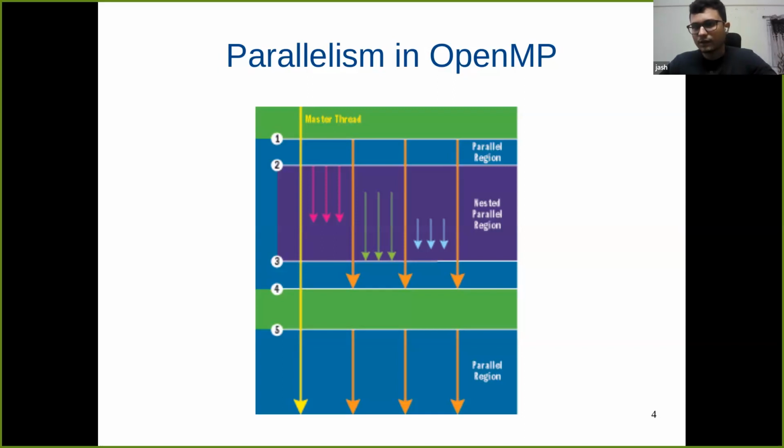We'll see that we have runtime routines to get the thread ID of a particular thread. And using that thread ID, you can say that this thread should perform this task only, and so on. So you can have that level of control, but I don't think we can have scheduling level control on these threads that are spawned. Okay, okay.